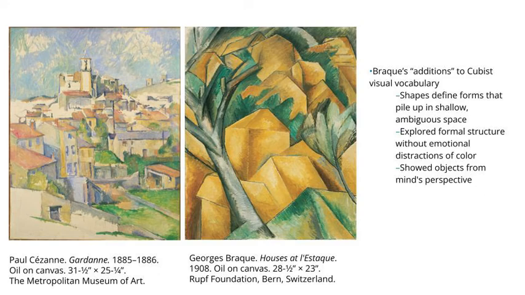But the shapes define forms that pile up in shallow, ambiguous space. And he explored the formal structure without the emotional distractions of color and showed objects from the mind's perspective. So still working with this idea of multiple perspectives, or at least not working with mathematically accurate perspective.